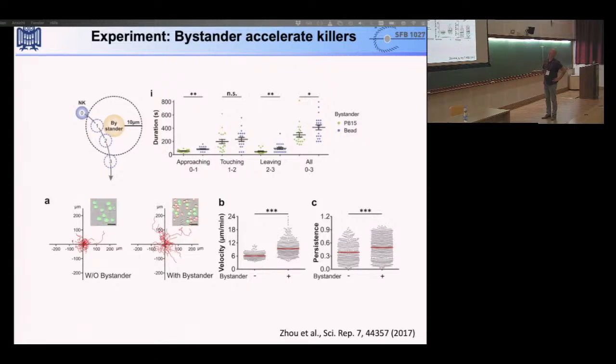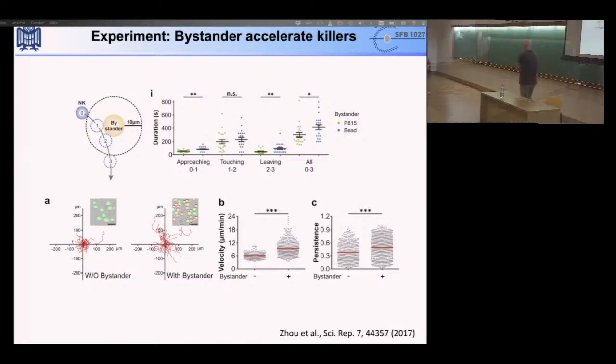The mean velocity of the T cells without bystanders is about 6 micrometers per minute. And when there are bystanders, the velocity is increased in the vicinity of the bystanders. So that made us happy. Then one can only speculate about how the bystanders accelerate T cells in their migration behavior.